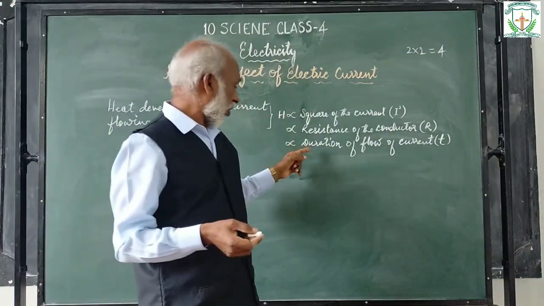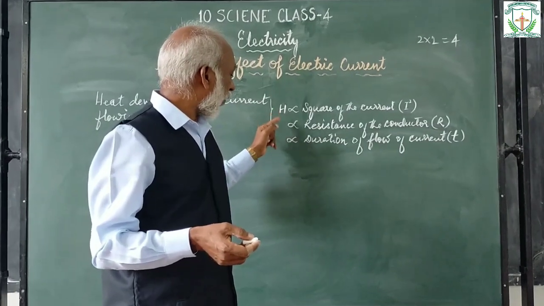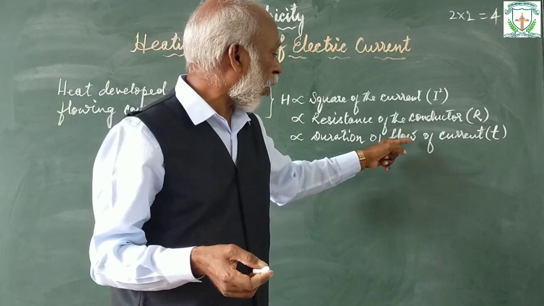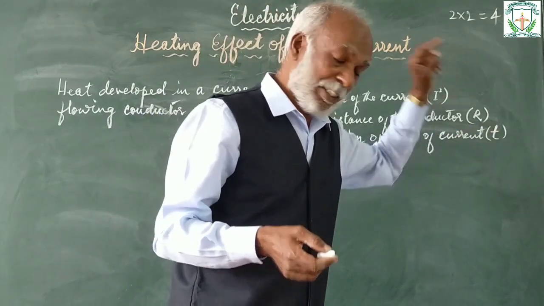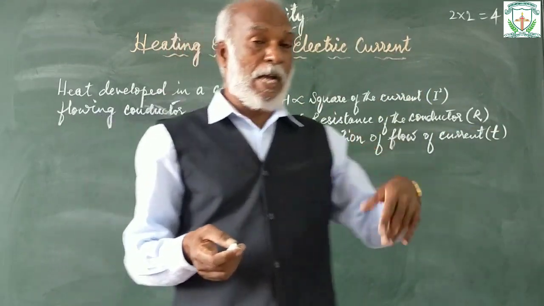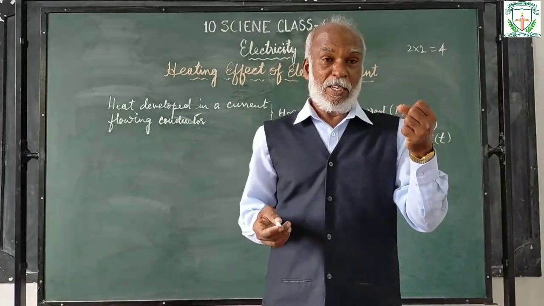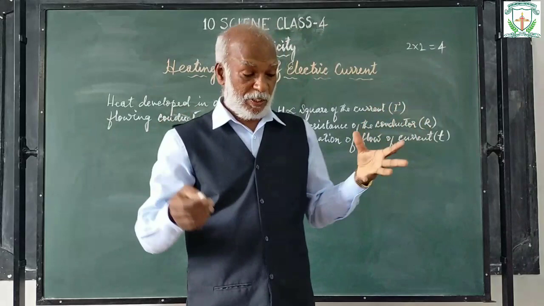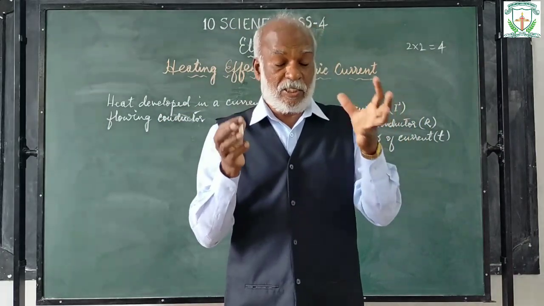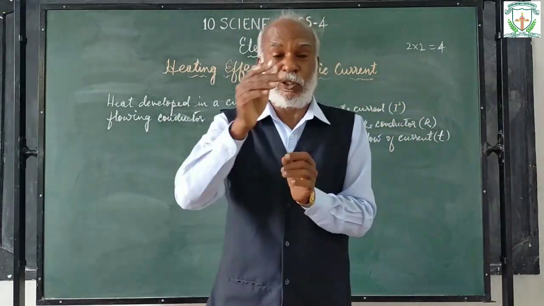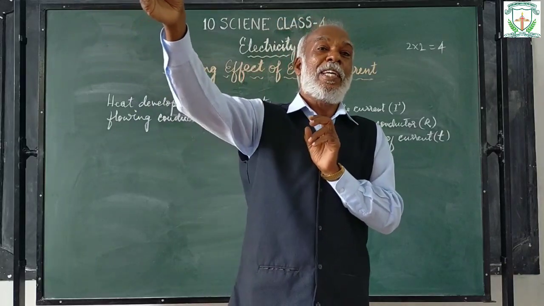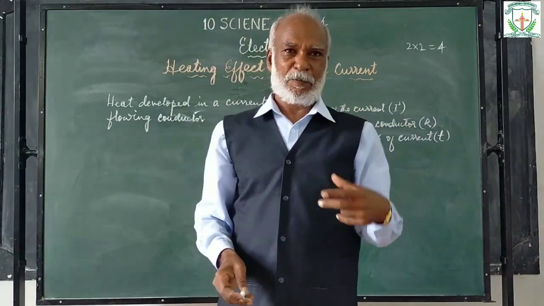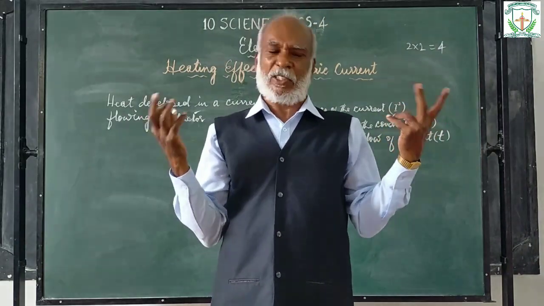Third point is heat developed is proportional to the duration of flow of current, T. So if you pass the current through the conductor or the resistor or the heating device, the heat developed is proportional to how long you keep the device switched on. Time factor. You understand? It's very simple, common sense.